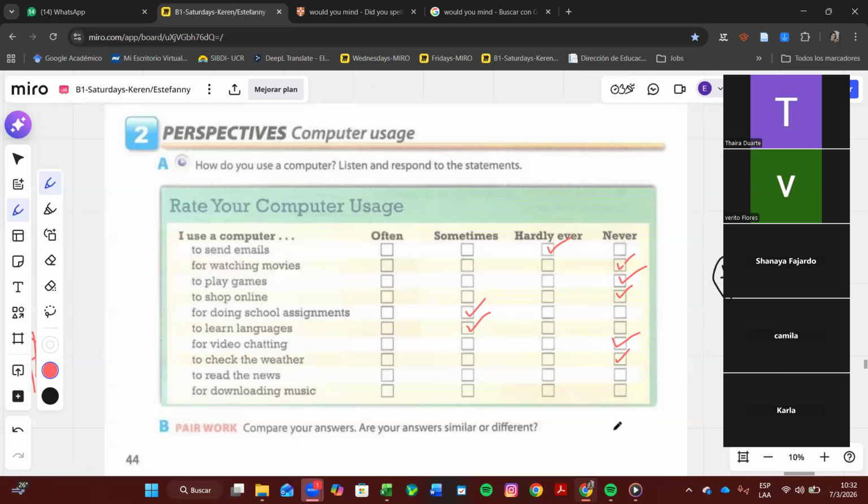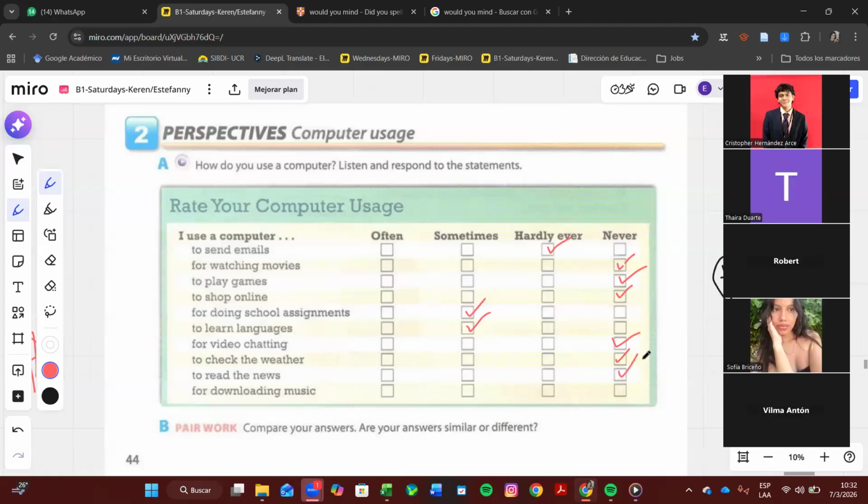Yes. Carla, how often do you use your computer to read the news? Never. Okay. And let me ask Vilma. Are you there, Vilma? Yes, teacher. How often do you use your computer to download music? Never. I used to shop online in Temu. Ah, okay. But in this case, it's music. Descargar música.